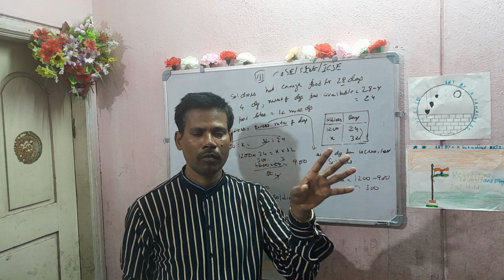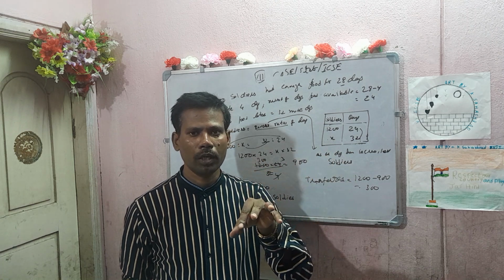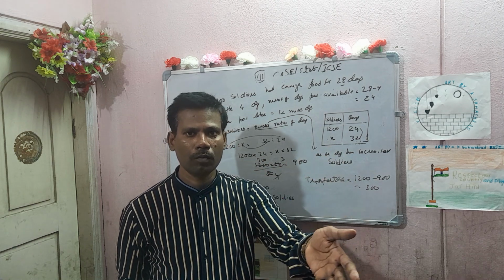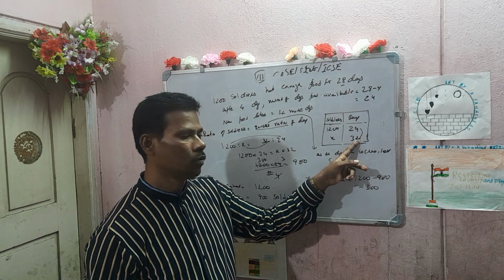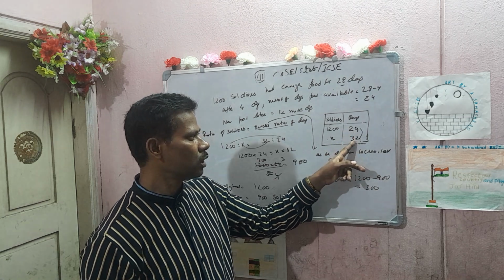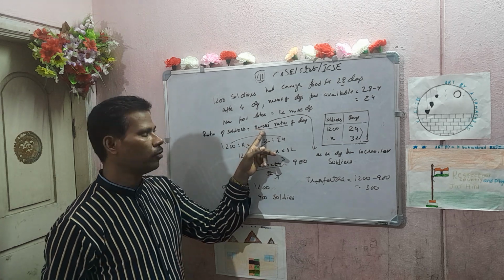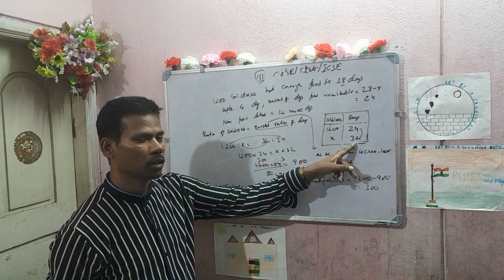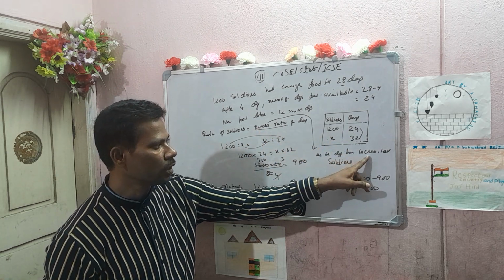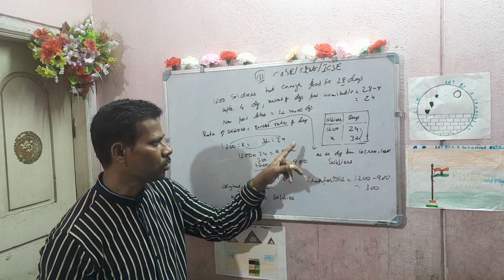Out of 20, 5 left. So how many remain? 15. So you can eat for more days. Here also, for now 24 days, then 32. That is the meaning of inverse ratio from 24 to 32: as the days increase, you get fewer soldiers.